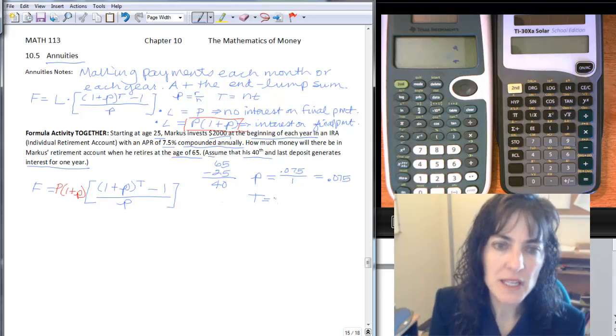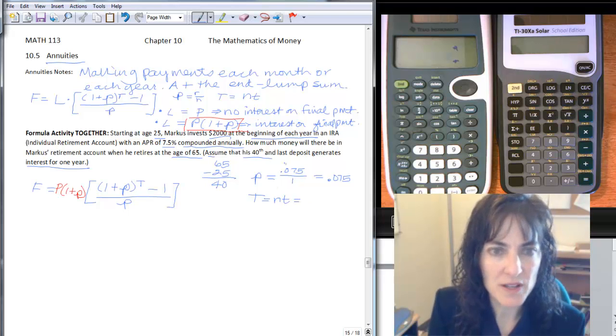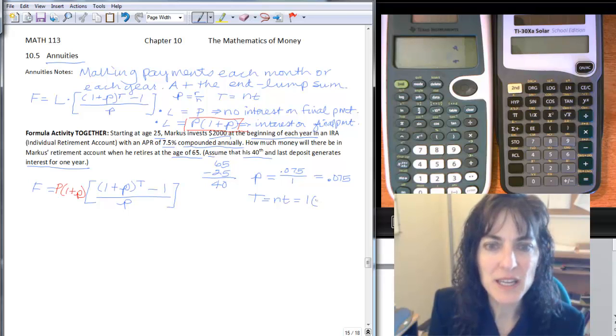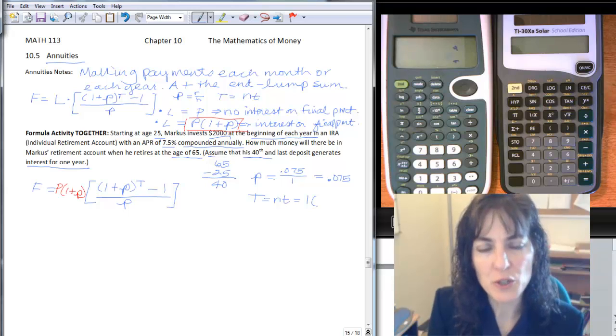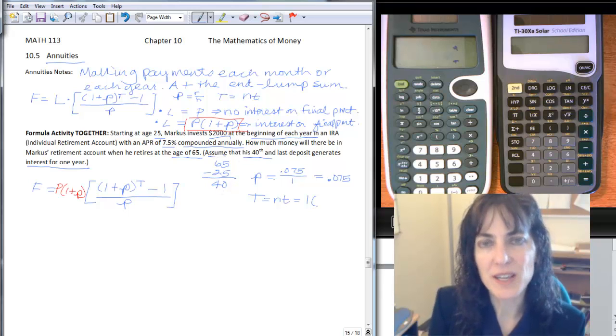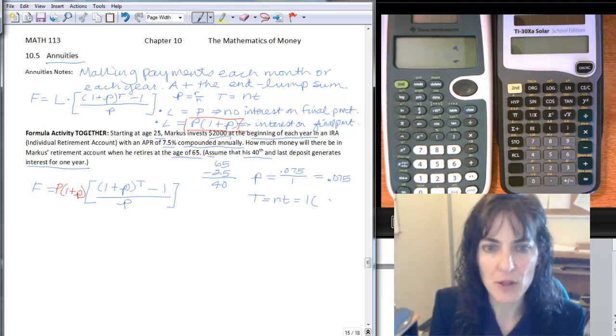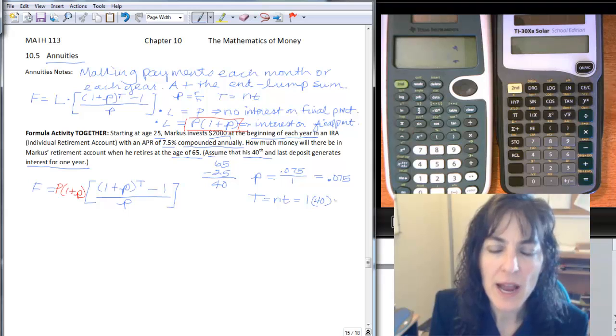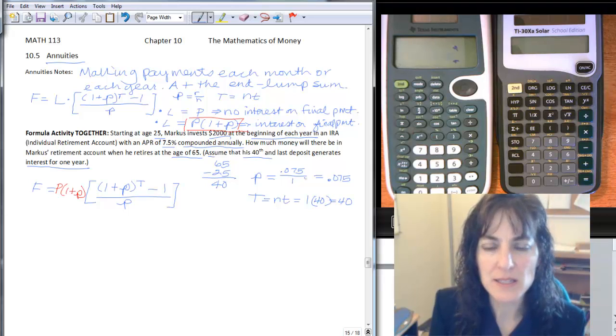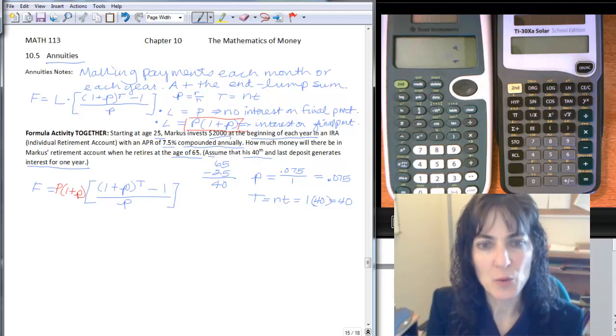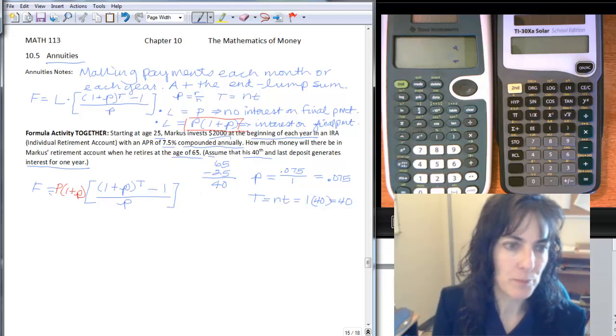And then my capital T, that's the N times T, and my N is 1 still for annually, and my T is how many years, and it is 40 years, and we found that 2 ways. One was 65 minus 25, his ending age minus his starting age, so 40, or right here it said assume his 40th and last deposit, and he's making deposits 1 time a year, so 1 times 40, and that should come to the number of deposits that he makes, which is 40, and so we know that our T is 40.